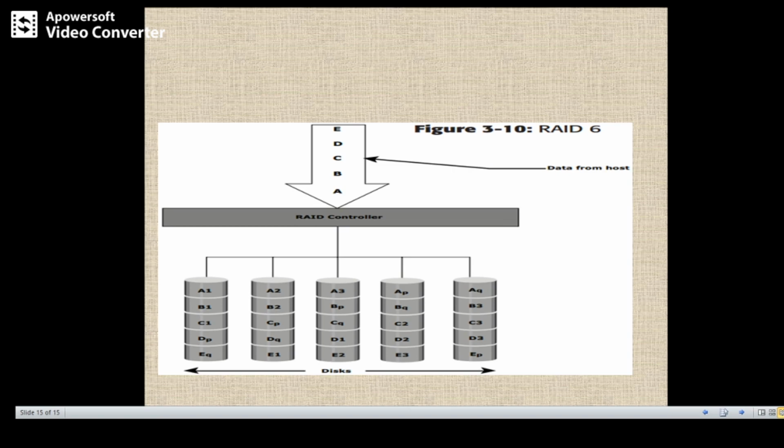Here I can observe that the data is striped across different disks, with A1, B1, C1 and DP, which is the parity of disk D, and EQ is the second parity of disk E. Suppose disk A fails, disk B also fails, and disk C also fails. Disk A's value can be reconstructed using the parity value AP.